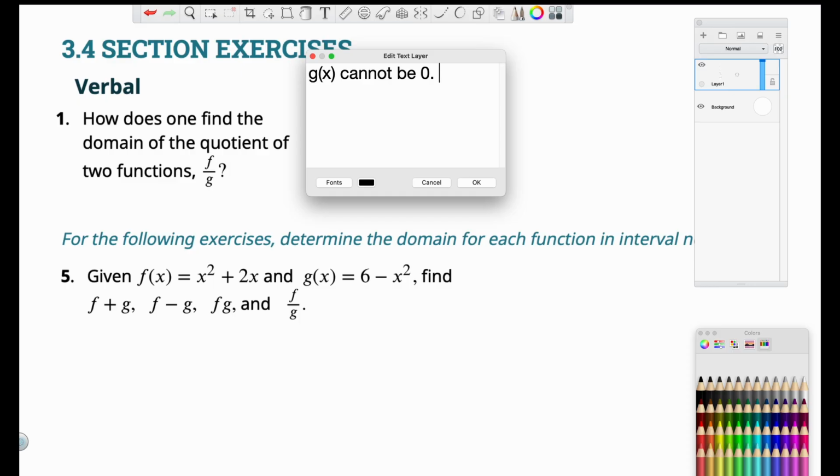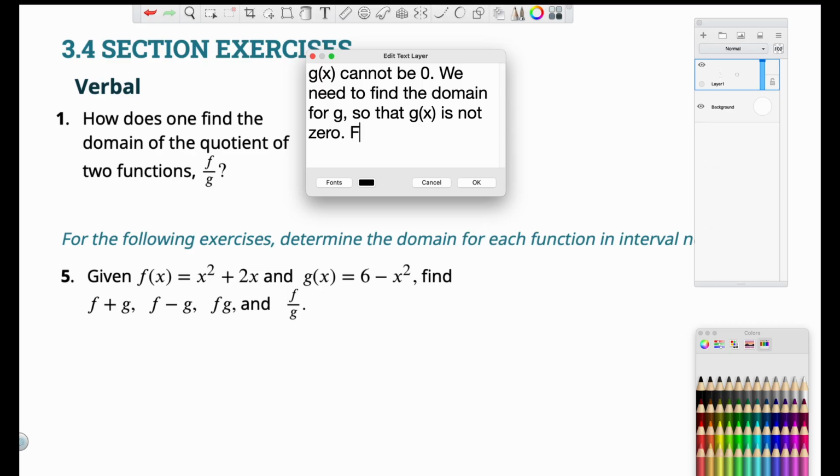So whatever the function f is, dividing by 0 is undefined. So we need to find the domain for g so that g of x is not 0. Okay, maybe we just write it like that.